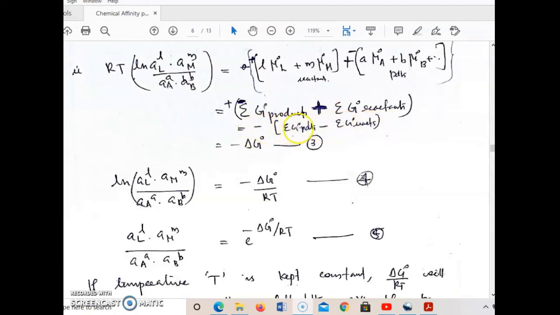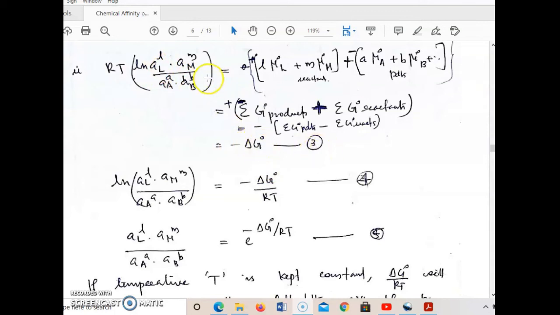So minus of the sum of free energy of products minus the sum of free energy of reactants will be delta G0, right? It is equal to minus delta G0. So we have RT ln AL raised to L into AM raised to M by AA raised to A into AB raised to B is equal to minus delta G0.